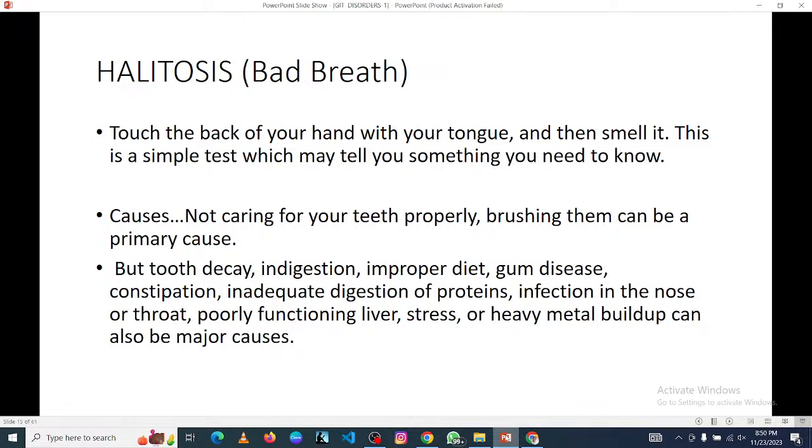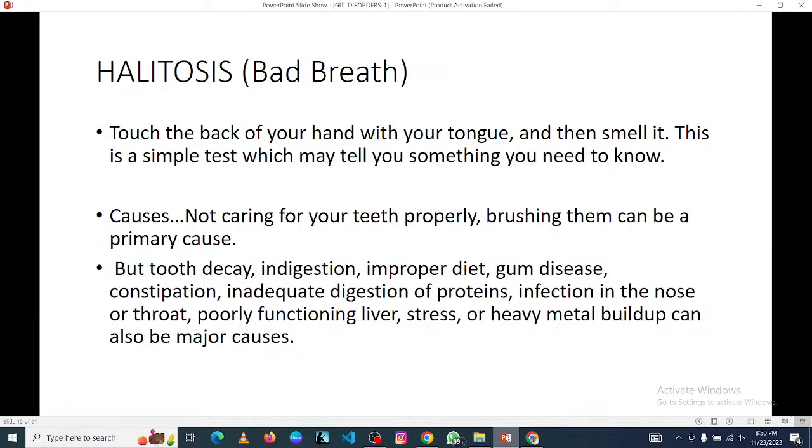So when you don't regularly and carefully brush your teeth, it can cause halitosis or bad breath. But at times you can be brushing your teeth regularly, very faithful in brushing your teeth, but you still have bad breath. Why? Because your digestive health has been compromised, and there is a lot of acid.